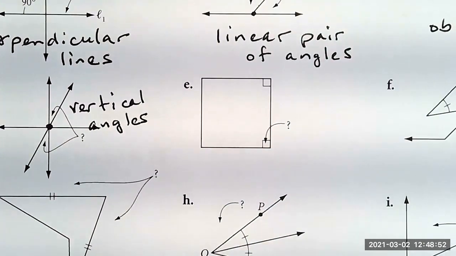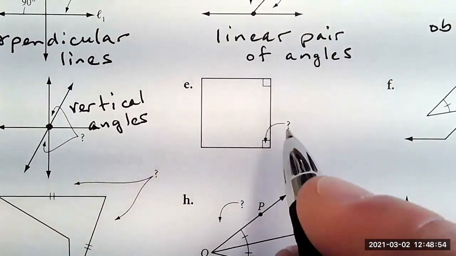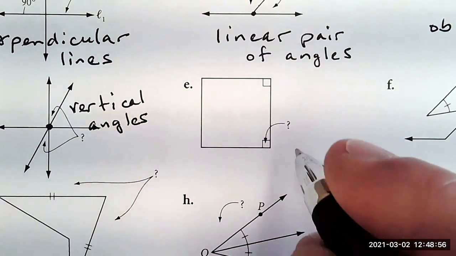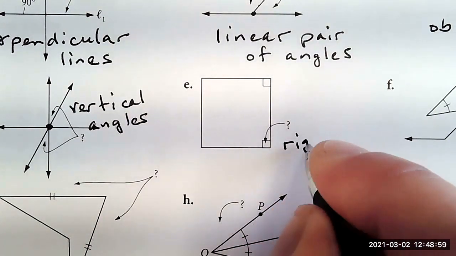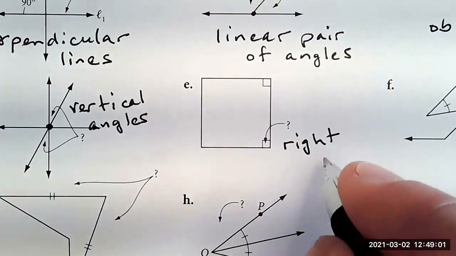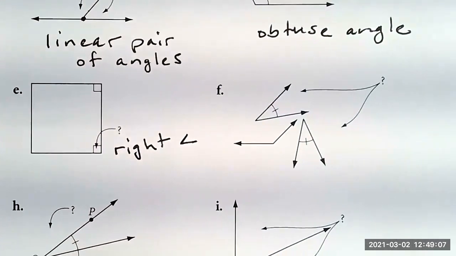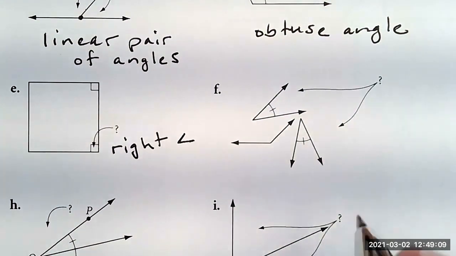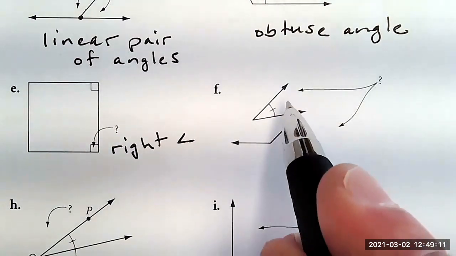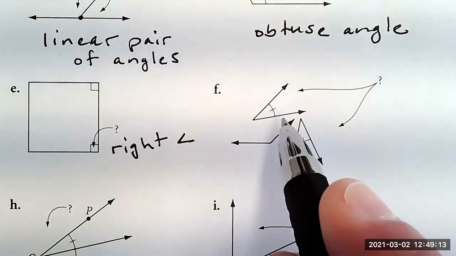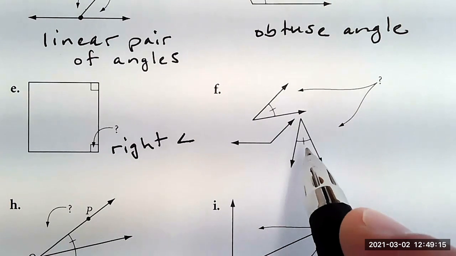E points to this symbol here, which represents a right angle. So you would write a right angle. F, the arrows point to these two angles. These two angles have symbols that indicate that they are congruent.